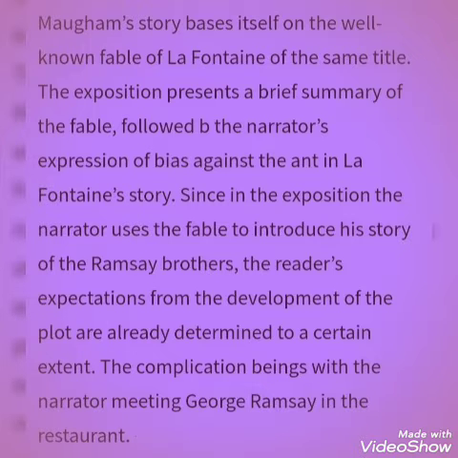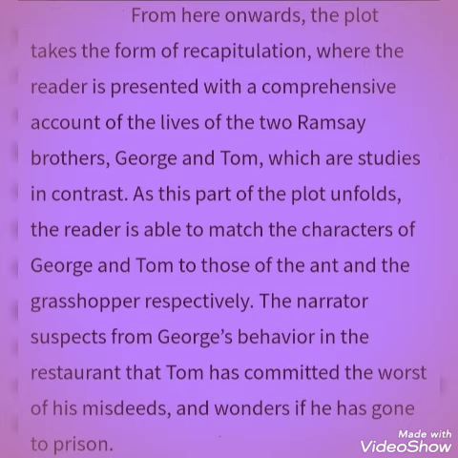The complication begins with the narrator meeting Judge Ramsay in the restaurant. From here onwards, the plot takes the form of recapitulation, where the reader is presented with a comprehensive account of the lives of the two Ramsay brothers, George and Tom, which are studies in contrast.